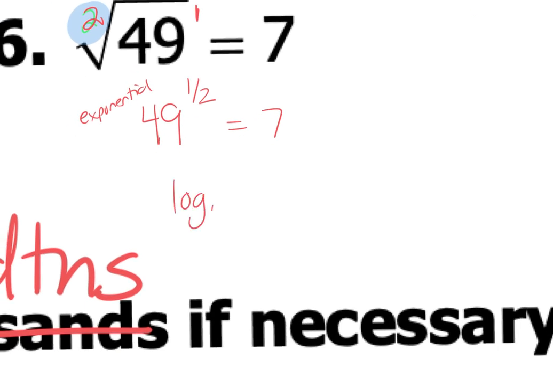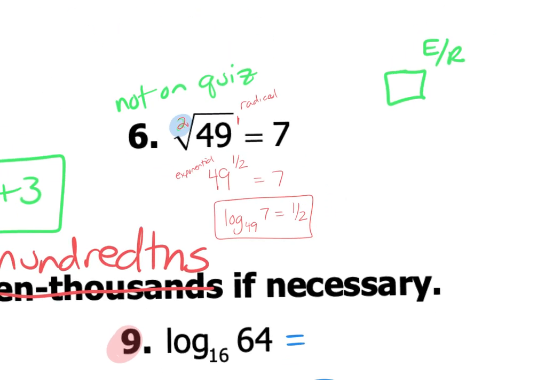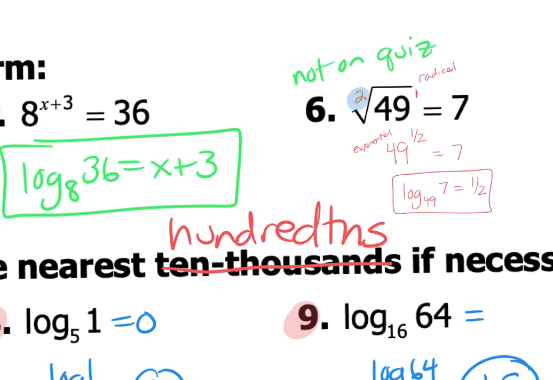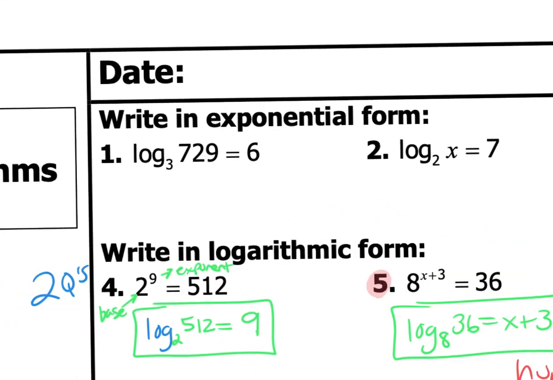It'd be log base 49 of 7 equals 1/2. You know, I just wanted to share that. That is not going to be on the quiz, but just so you know. The 2 that you will have are going to look more like 4 and 5. Okay?